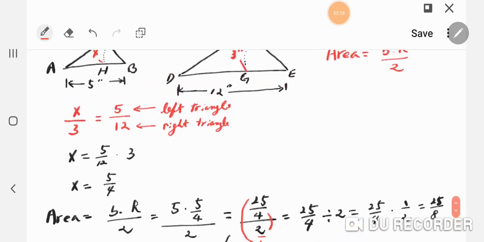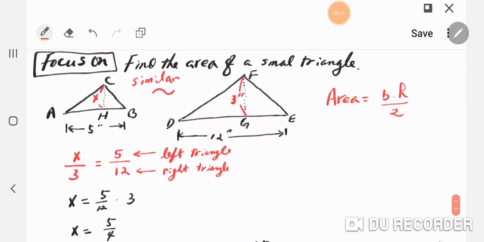All right, then can we set up a different equation? Yes, you can. This time let's use a proportion, the ratio of the height to the base. So the ratio of the height to the base of the smaller triangle is equal to the ratio of the height to the base of the larger triangle.